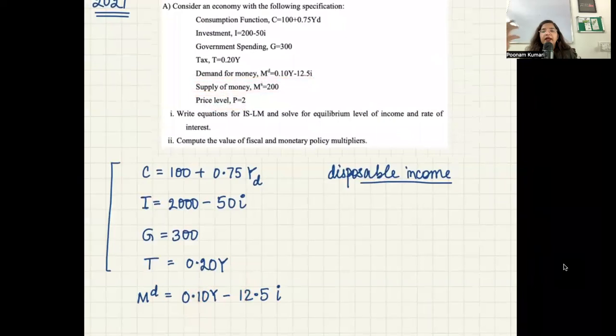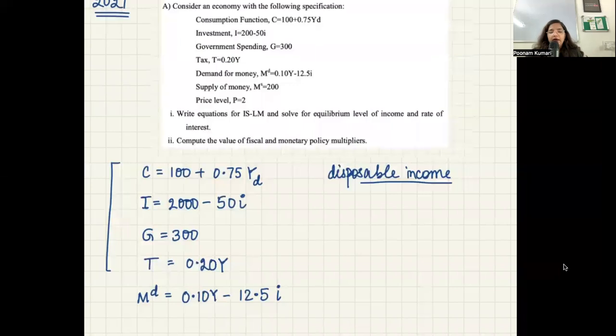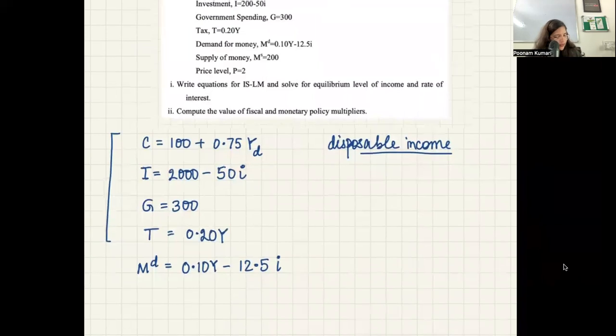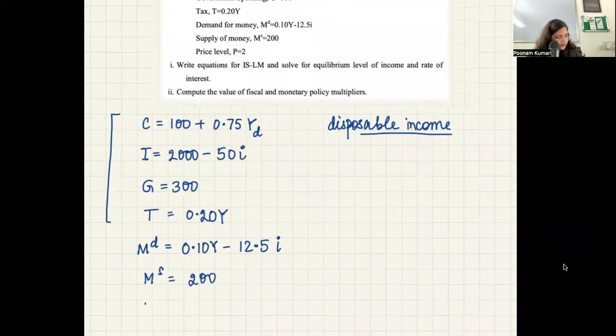If income is higher, output is higher in the economy, so there is a higher demand. And if the interest rate is higher, the money demand is lower. So this is your money demand, and your money supply is 200. And one more thing is given, which is price level. Price level P is equal to 2.